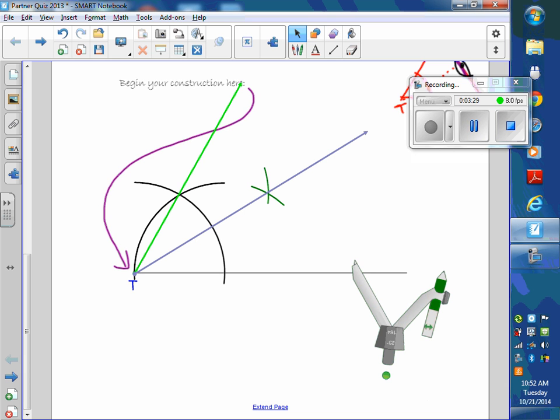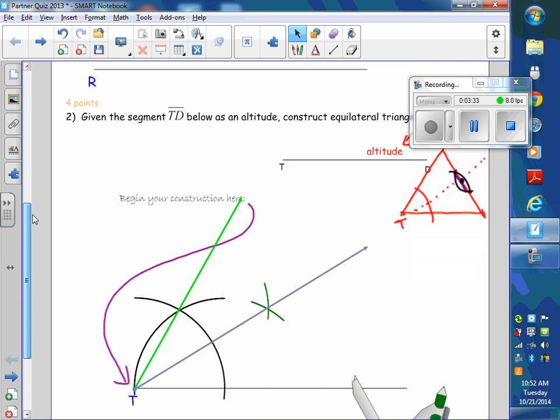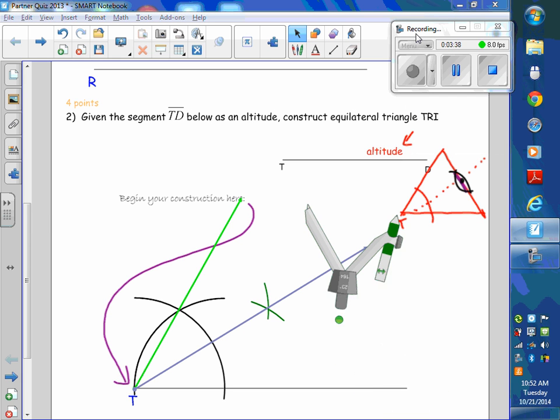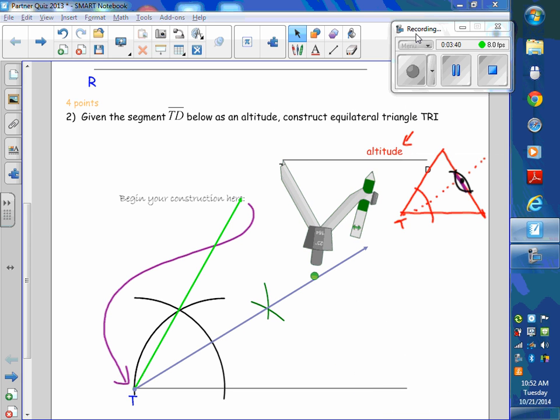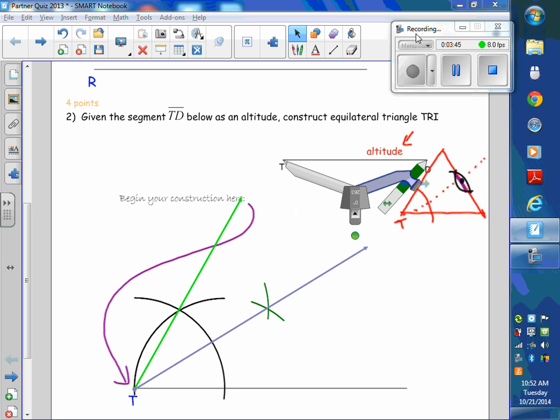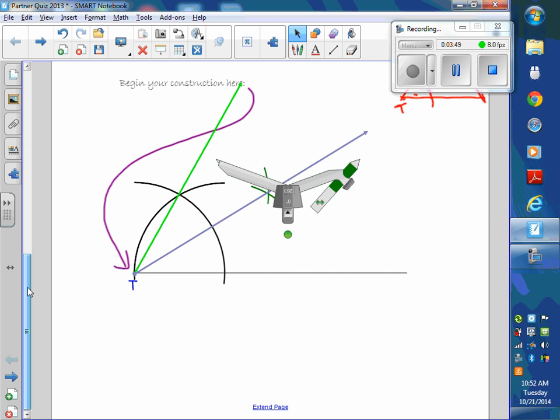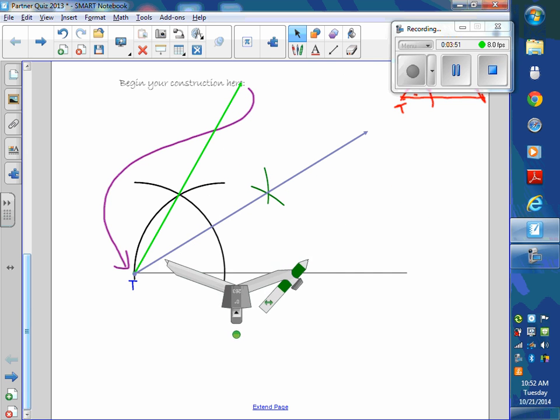Now I'm going to use the altitude length. Let's go back up and pick up the length of the altitude right here. So I open my compass to the proper length, and I'm going to mark off that length.